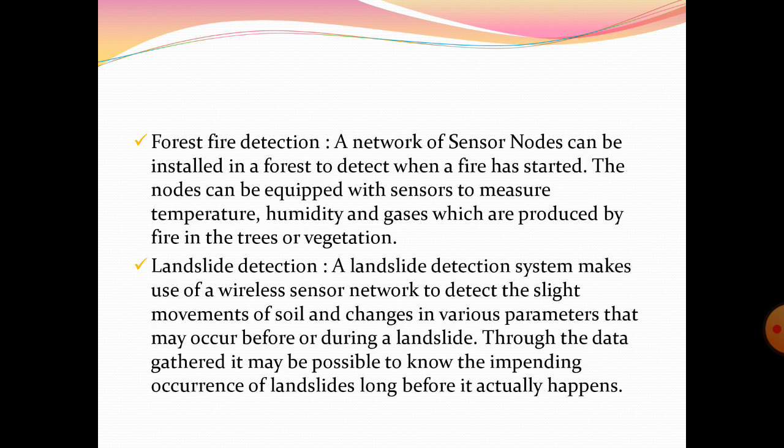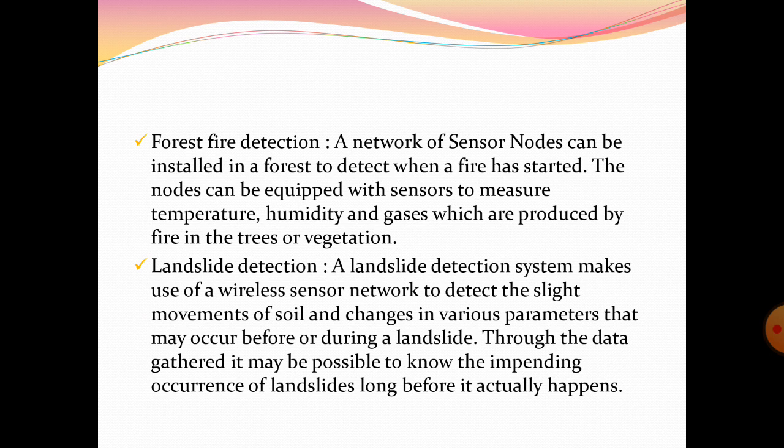Forest fire detection. A network of sensor nodes can be installed in a forest to detect where a fire has started. The nodes can be equipped with sensors to measure temperature, humidity, and the gases produced by fire in the trees or vegetation.